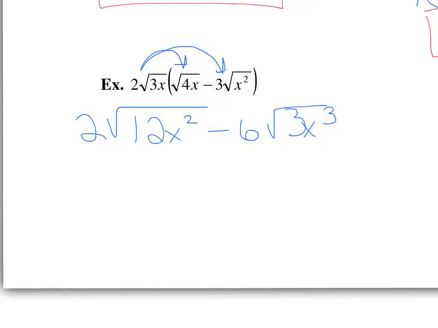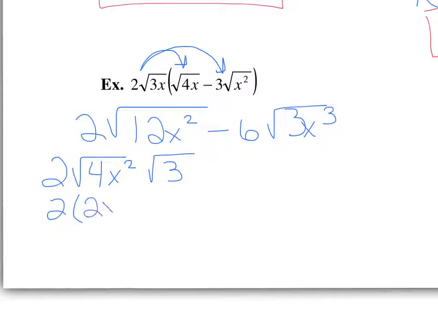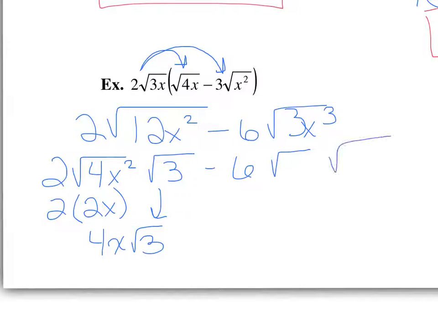And then we're going to simplify. 12x squared, 12 is 4 times 3, x squared is perfect. So 2 times x is 2x, and the not perfect, so 4x times the square root of 3. In the second term, the 3 cannot be broken down. There are no perfect square factors, but the x cubed can.